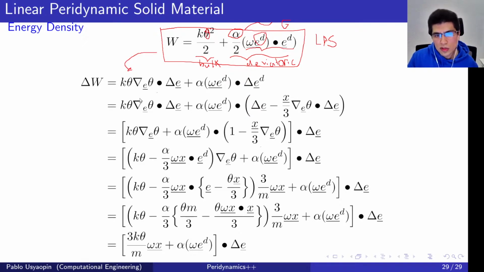Then what follows is a matter of applying the increments to the function theta and to the function of the deviatoric extension d, so that at the end we can put as a common factor the increment in the bond extension.